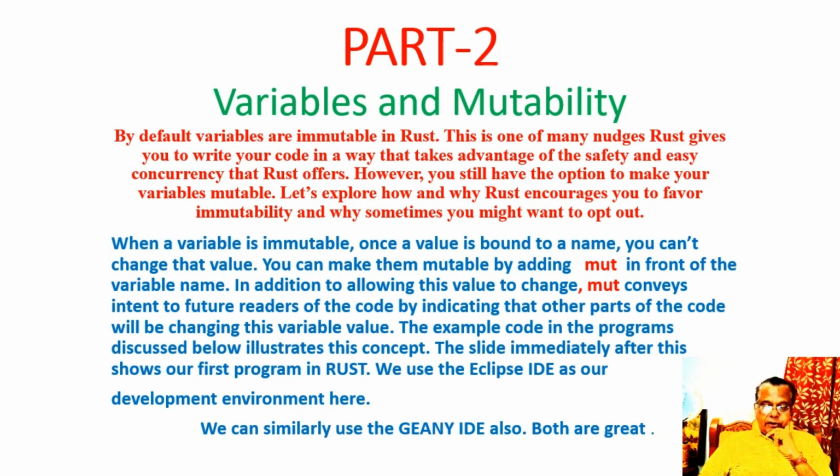In addition to allowing this value to change, mut conveys intent to future readers of the code by indicating that other parts of the code will be changing this variable value.